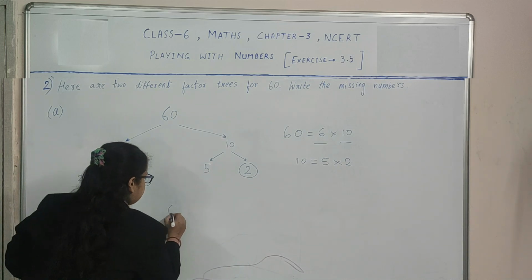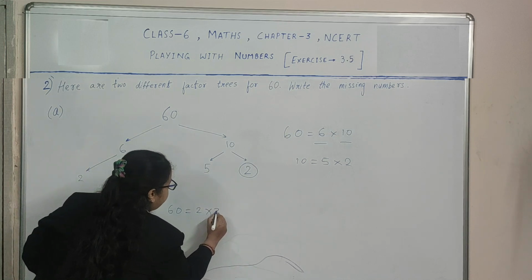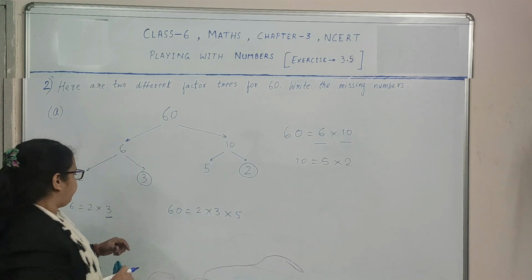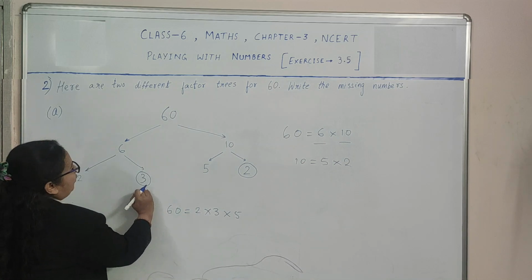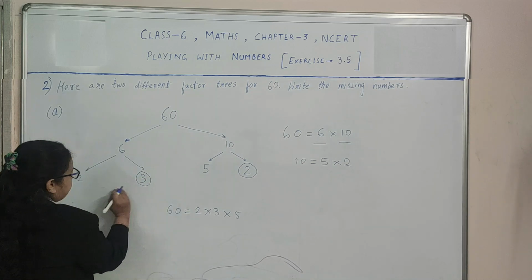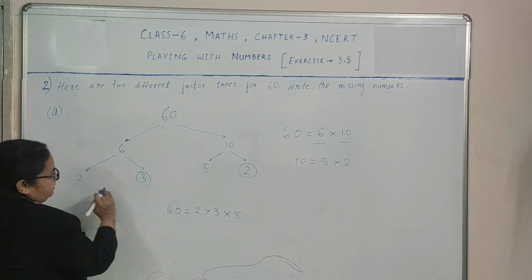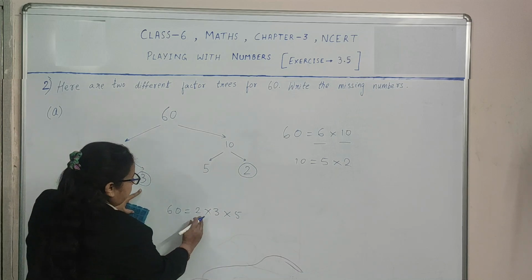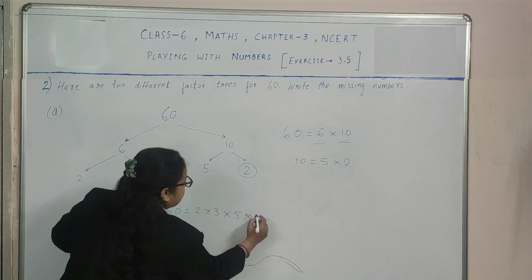So let us see, 60 can be written as 2 multiplied by 3 multiplied by this. I am explaining so that you can understand it better. Because this is the final result where 60 is split into these numbers. So 60 will be represented as 2 multiplied by 3 multiplied by 5, and then the last one is 2.